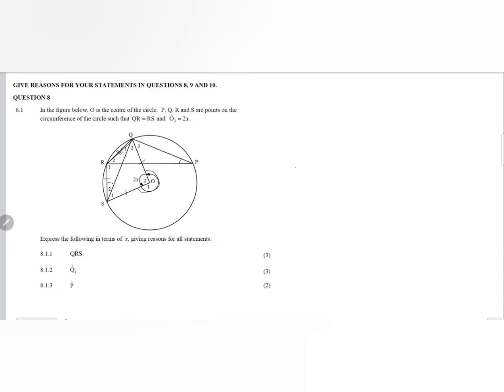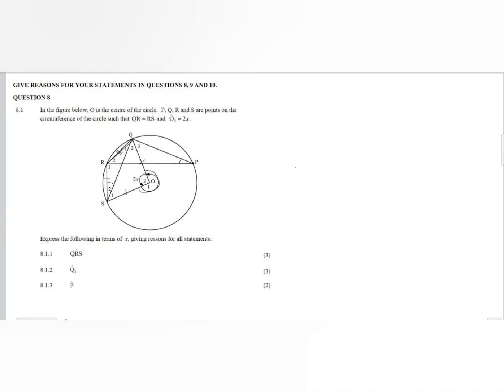Yes, that also you need to check. Angle subtension means either at the center or at the circle. Circle means the end points of the angle must be on the circumference, like P and S. I'm talking about S2.